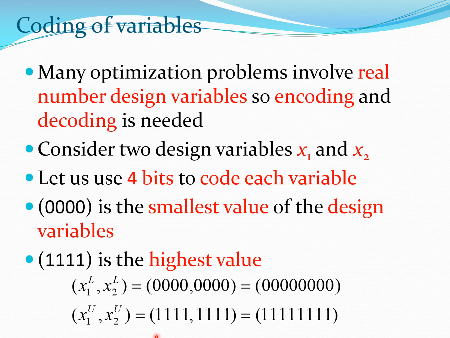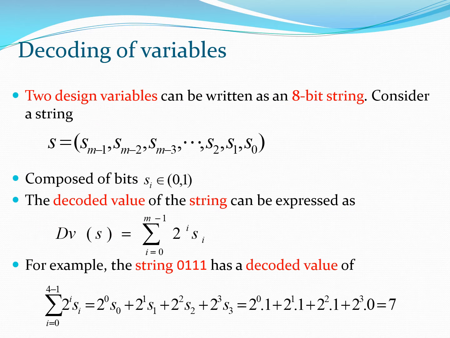So this is how I can represent the design variable which existed in terms of real number in terms of these strings. So this is what we mean when we say we now have strings, we do not have numbers. Now two design variables led to this 8-bit string which we saw in the previous slide.